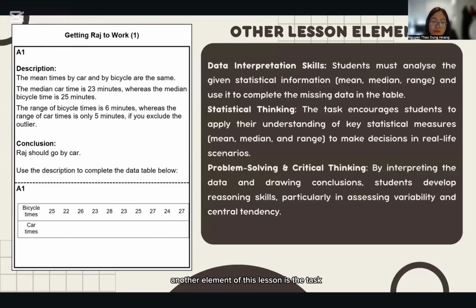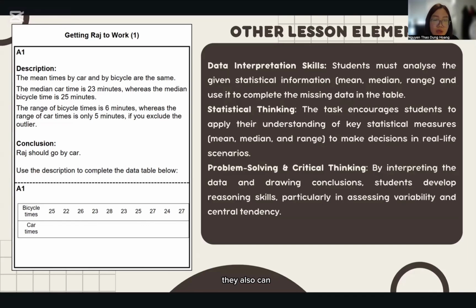Another element of this lesson is the task Getting Rushed to Work. In this task, students are required to construct data with regards to the given mean, median, and range. So this task aims to foster students' data interpretation skills, where students can analyze the given statistical information, such as mean, median, and range, and then apply it to complete and construct the missing data.